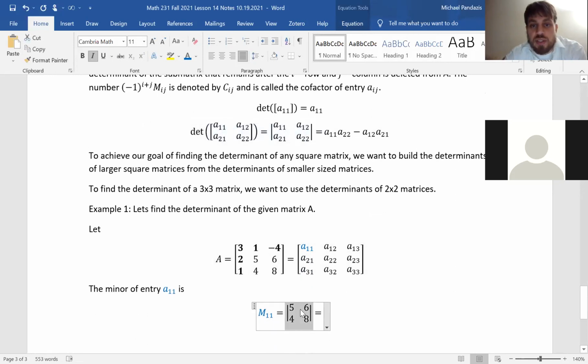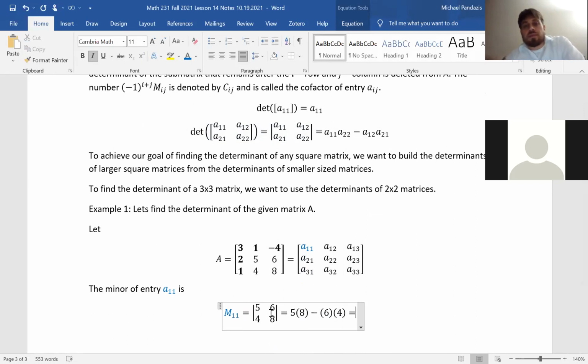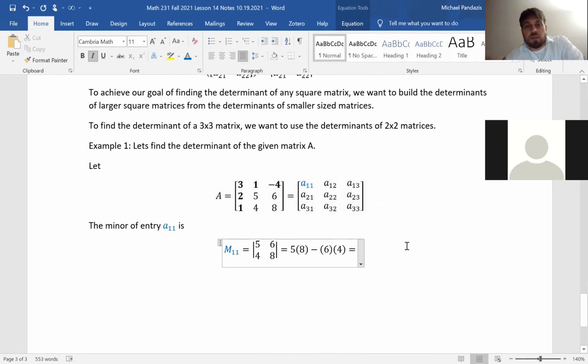This is the determinant of that matrix. And so that's just 5 times 8 minus 6 times 4, because you multiply along the diagonals, right?